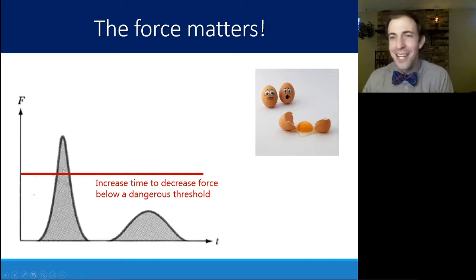You might also recognize a similar sort of graph from the beginning of the COVID pandemic. This idea of flatten the curve was basically to extend out the time of the pandemic so that the force, the number of cases, never exceeded the limits of the hospital. So you'll see a similar graph in other aspects of life as well.